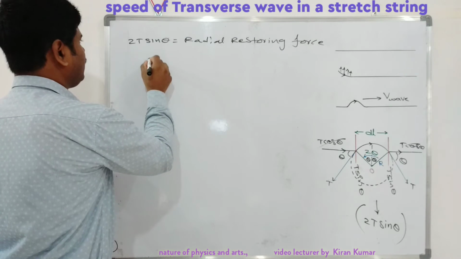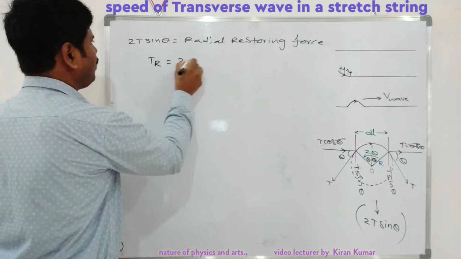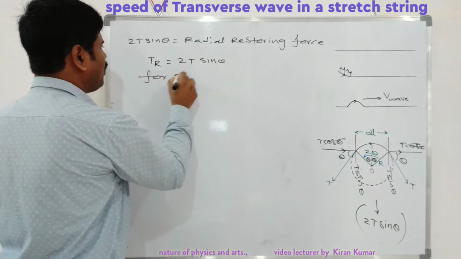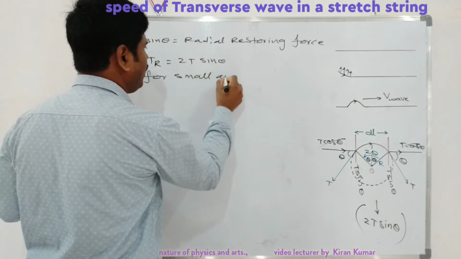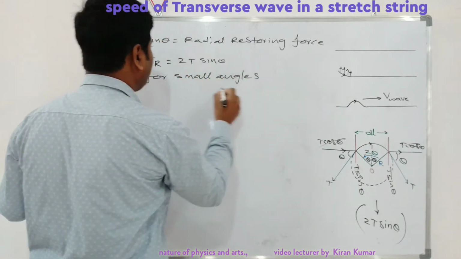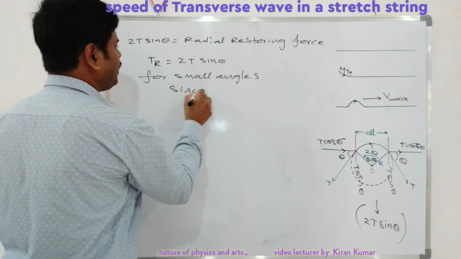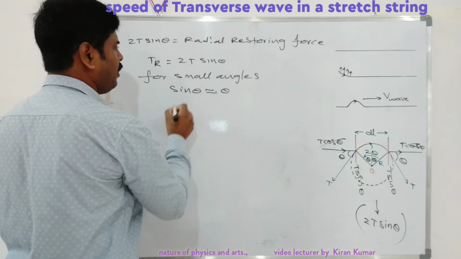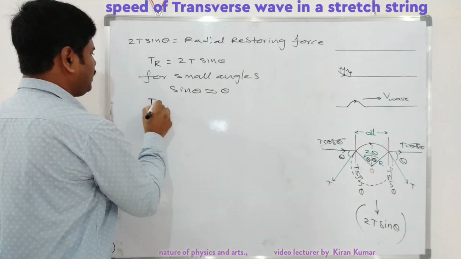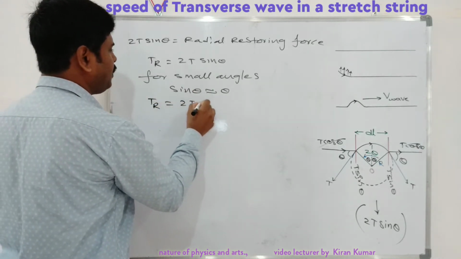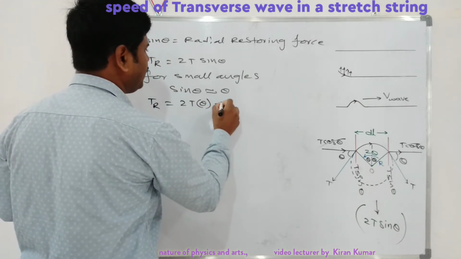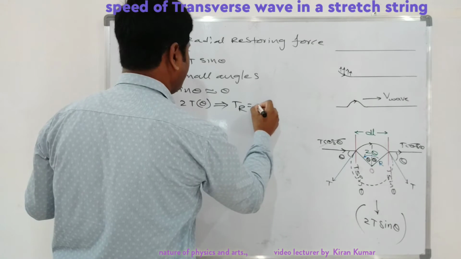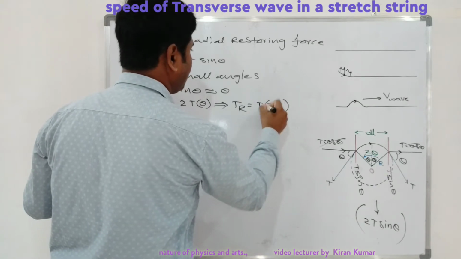Then Fr is equal to 2T sin theta. For small angles, sin theta is approximately equal to theta. Then we can write Fr is equal to 2 into T into theta. Rearranging the equation, Fr is equal to T into 2 theta.